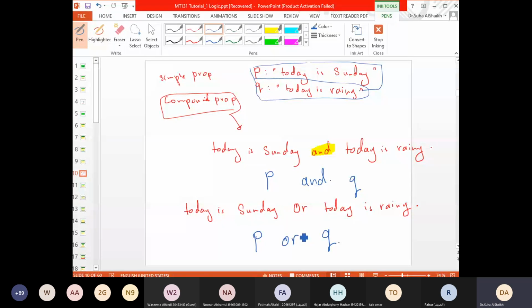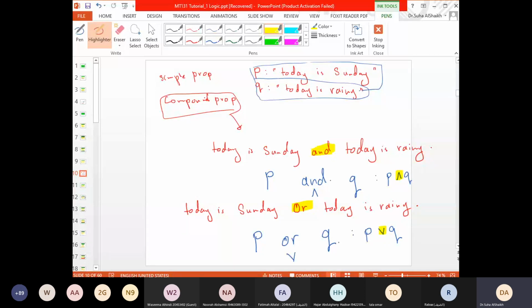Okay. So this is what we are talking about. طبعا the and we refer to it with this symbol. The or we refer to it with this symbol. So we write this like P and Q. We write this as P or Q. Those are the connectives we are talking about. Those are two examples of connectives.